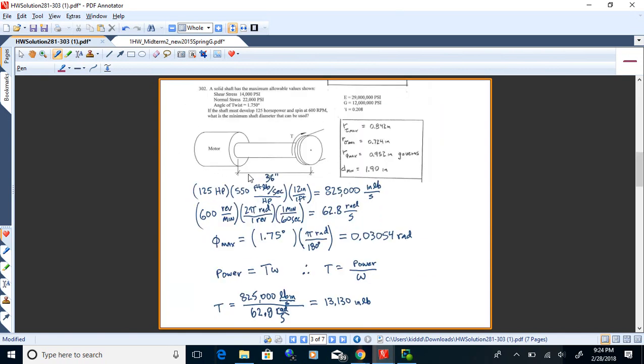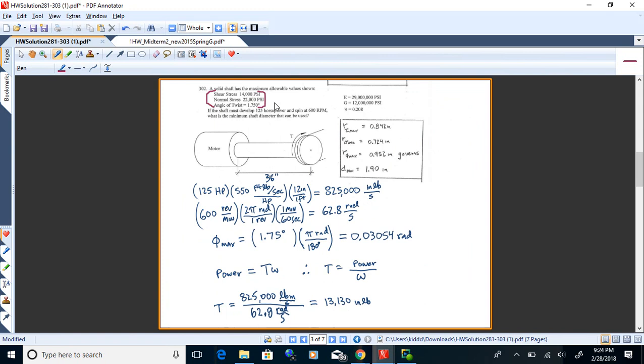302. Now on this one we've got a shaft, and we've got 3 constraints on it. It's a solid shaft. And we've got 3 things that have to be met. The shear stress can't exceed 1,400 psi.